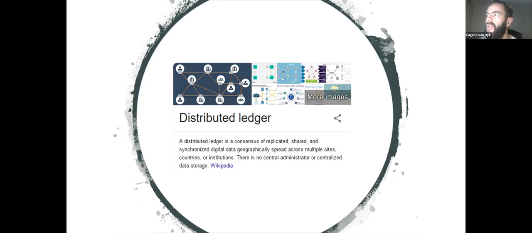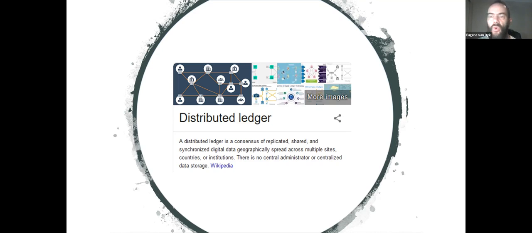A distributed ledger, per Wikipedia, is a consensus of replicated, shared, and synchronized digital data geographically spread across multiple sites, countries, and institutions. The key here is there is no central administrator or centralized data storage, so there's no reliance required on one central place or institution.